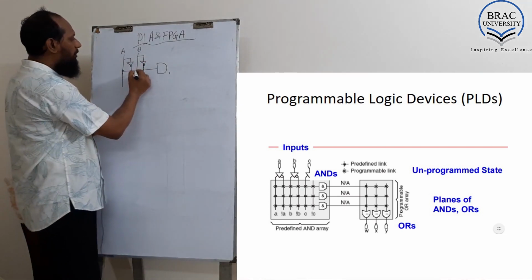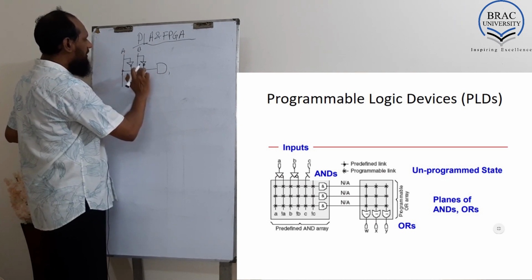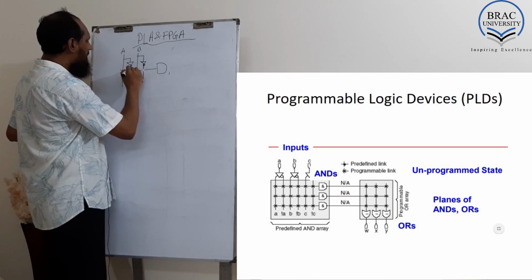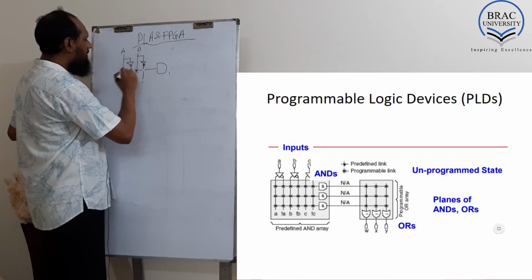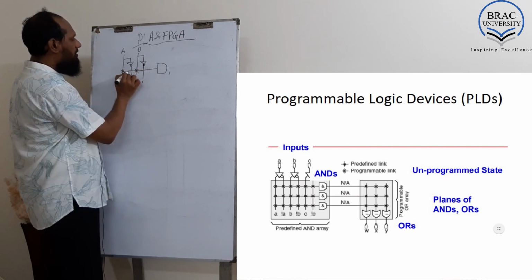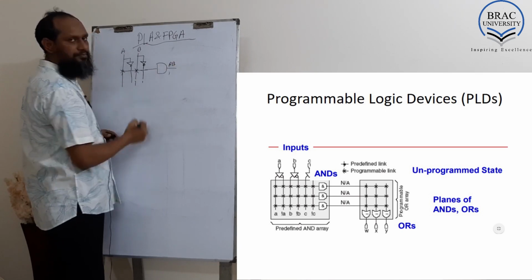If we want AB, then we will not consider this connection, and we will not consider this connection. We will implement this connection and this connection, but we are not having any connection over here. So this will give me AB.